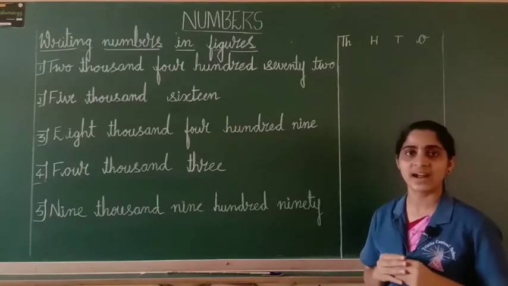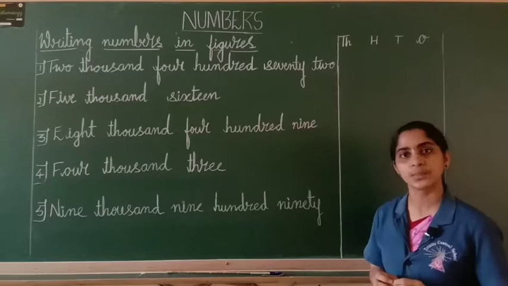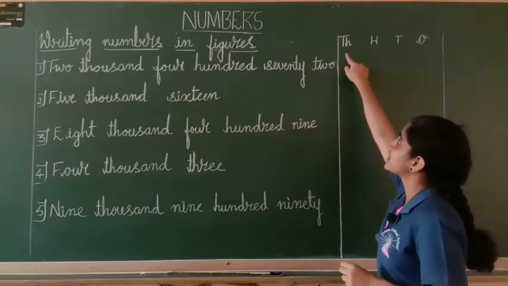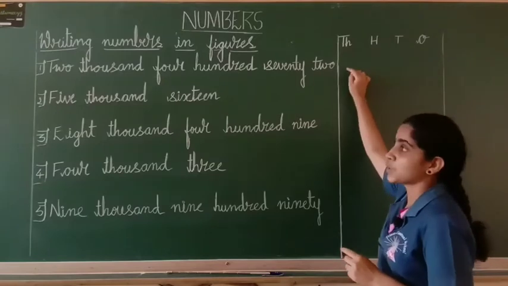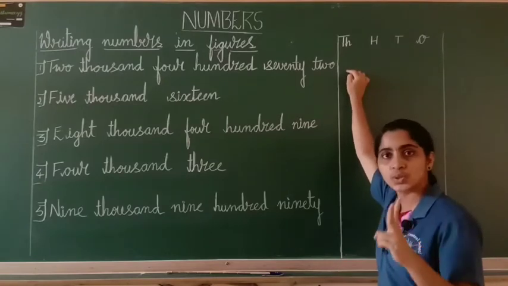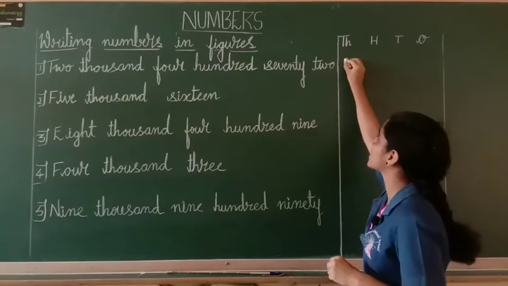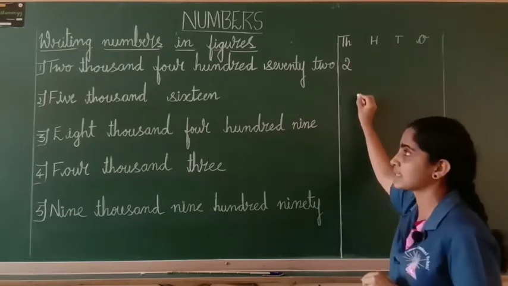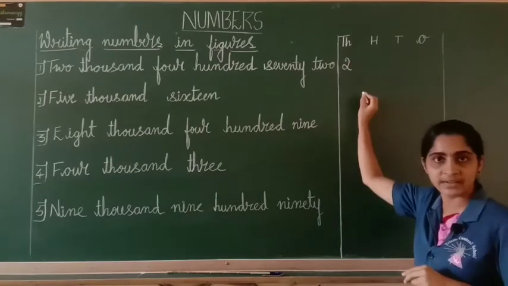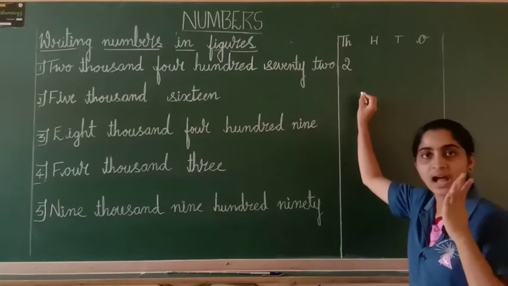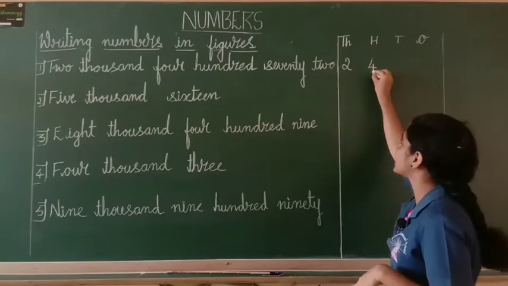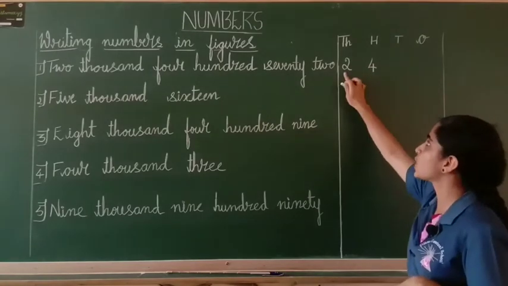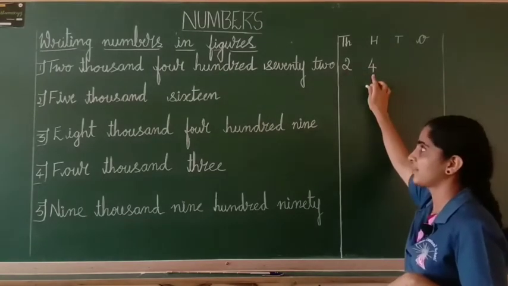So let's write these numbers according to the places. I have written the places here for your understanding. In thousands place we have 2 thousands. So let's write this 2 in thousands place. And we have how many hundreds? Yes, we have 400. So let's write that 4 in hundreds place. 2400.